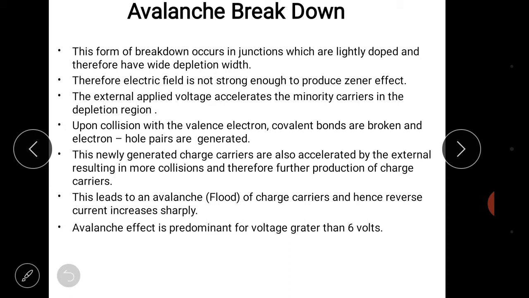These newly generated charge carriers are also accelerated by the external voltage, resulting in more collisions and therefore further production of charge carriers. This leads to an avalanche or flood of charge carriers and hence reverse current increases sharply. Avalanche effect is predominant for voltage greater than 6 volts.